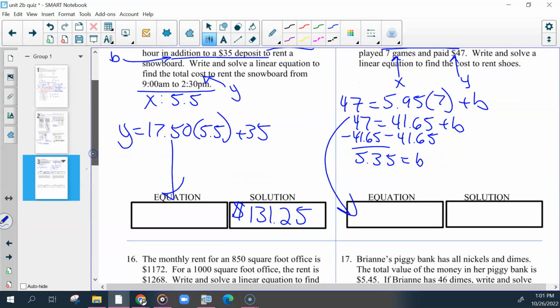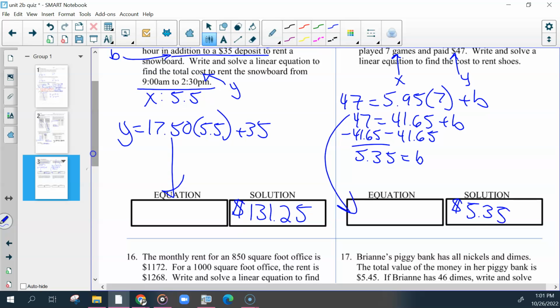And then get your final answer. Make sure you are labeling whatever the solution is. Both of these we're looking for a cost, so your labeling would be dollars. Questions on that one?